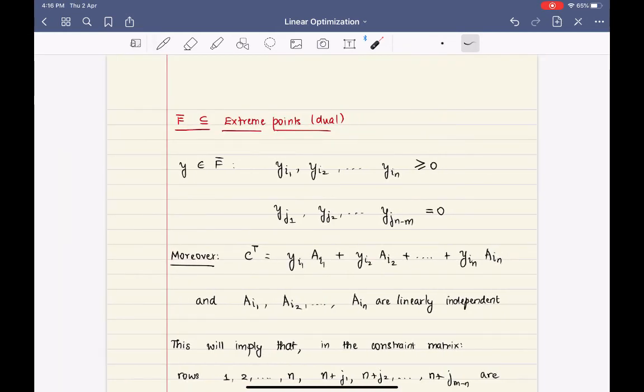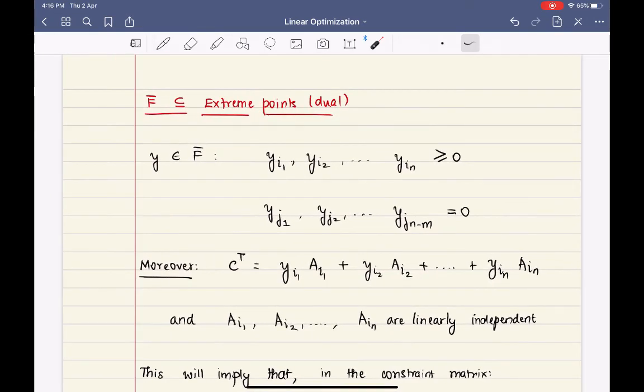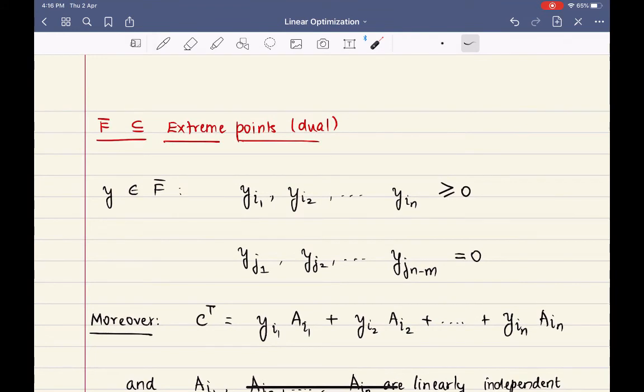Now let's do the other direction, which is that this set f bar is contained in the set of extreme points. So if I take a y in f bar, how will it look? There will be some n numbers which are non-negative such that C transpose is a combination of the corresponding n rows of the matrix.